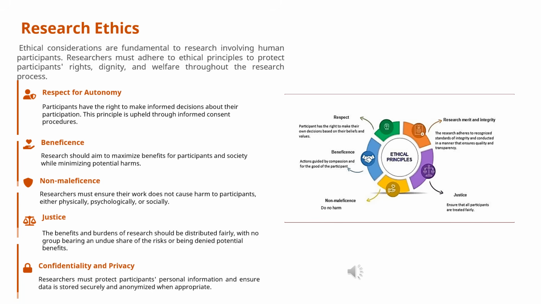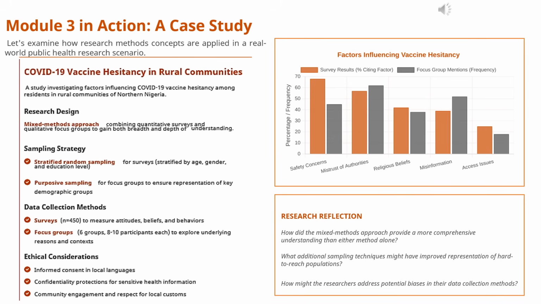Okay, so now, given all that we have learned so far in Module 3, let's take a case study and examine how research method concepts are applied in a real-world public health research scenario. For instance, hesitancy in COVID-19 vaccine uptake in rural communities.